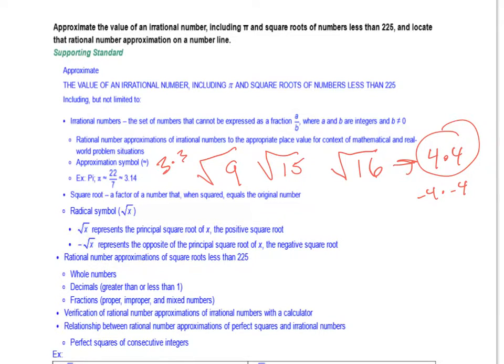So if I'm going to approximate where the square root of 15 is, I could easily say that it comes between 3 and 4 on the number line. So this is where we want to get to when we're looking at estimating these square roots, these irrational numbers and their square roots, and placing them.